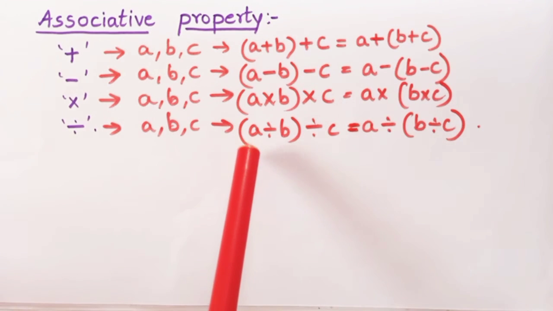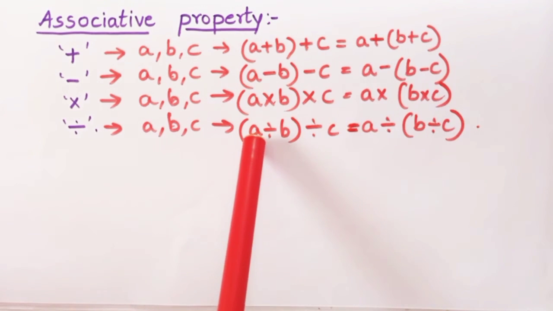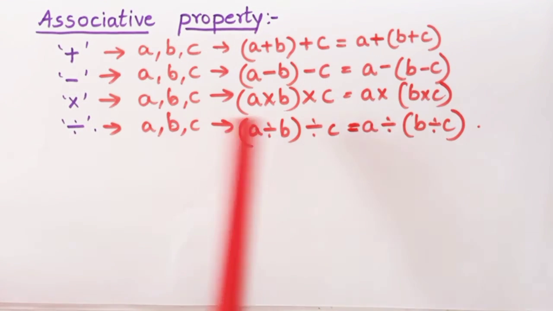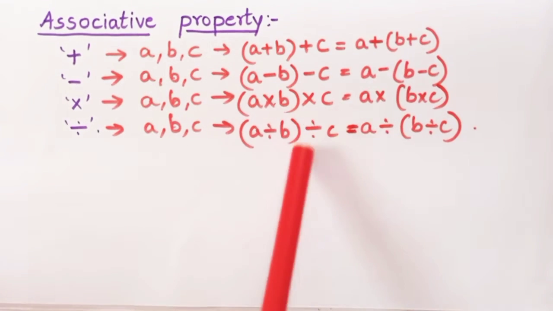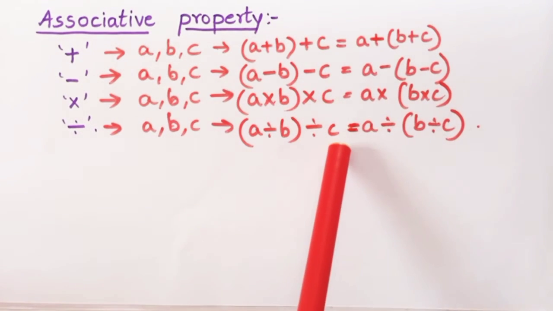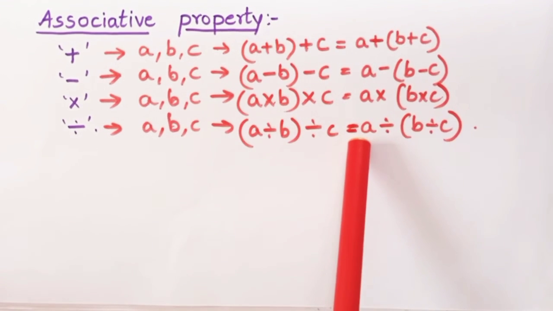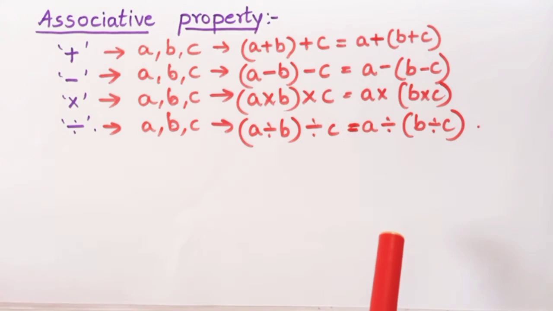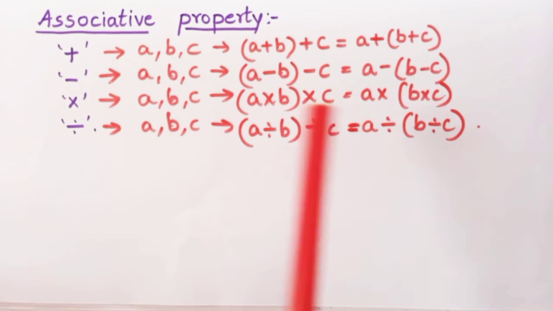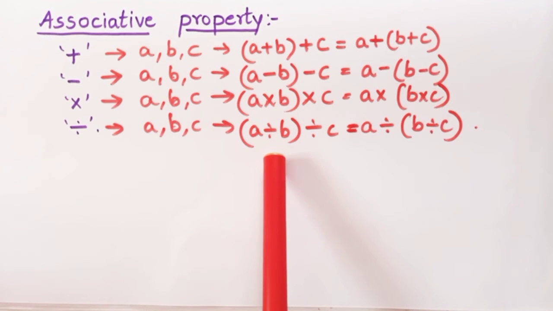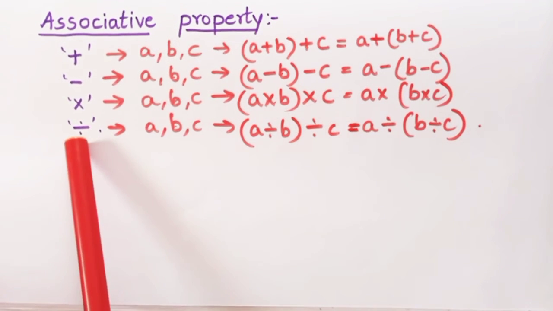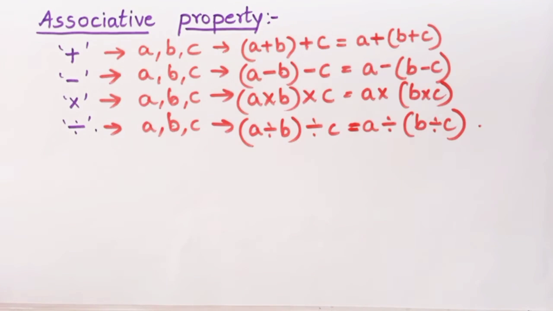Here firstly we will divide A and B. The result will be divided by C. You get a result. In the second case, firstly you are dividing B by C. The result will be divided by A. Then also you will be getting a result. If both the results are equal to each other, then we say that division is associative.